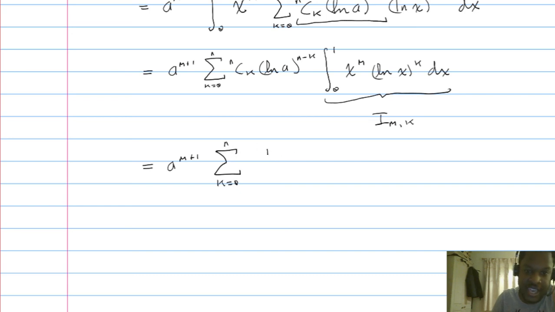So n choose k is just n factorial over k factorial times n minus k factorial, and we take that, the natural logarithm of a all to the n minus k, and this guy here, I think maybe we remember from before, is just minus 1 to the k times, I think it was k factorial divided by, what was it? It was m plus 1 to the k plus 1, okay?